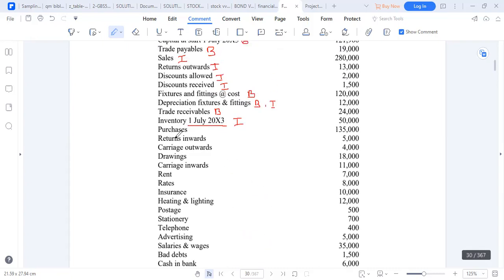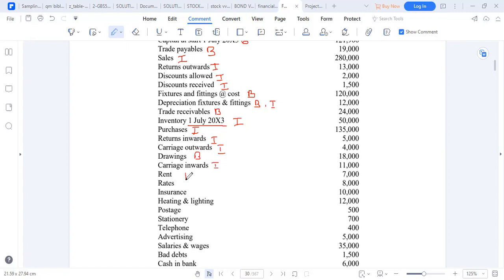Then purchases, income statement. Returns inwards, income statement. Returns outwards, income statement. Drawings, where do they go? Balance sheet. Returns inwards, income statement.